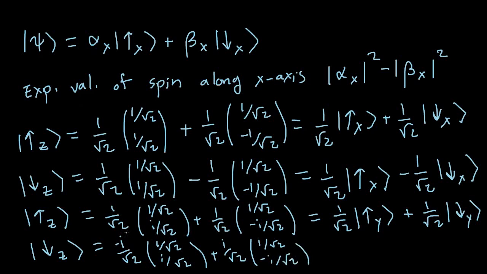And let's just see, okay, the top component is just going to be 0, and the bottom component is a half plus a half, right? Okay, good. So this checks out. And this is equal to minus i over root 2 times the spin up state in the y direction plus i over root 2 times the spin down state in the y direction.